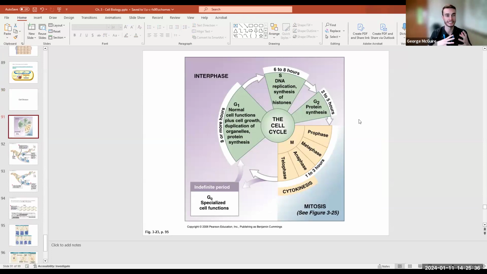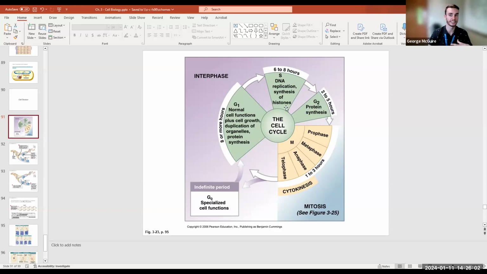And we have a few distinct phases throughout the cell cycle. Essentially, we have interphase, which is preparing for the actual division into two new cells. And then we have our M phase, which could stand for mitosis or meiosis, depending on which type of replication we're looking at, where the cell is actually going to start separating its sister chromatids and forming two new cells.